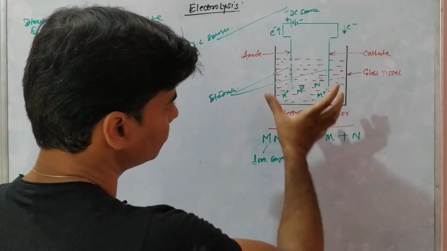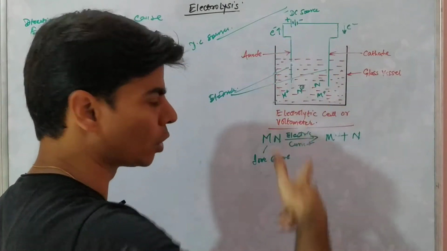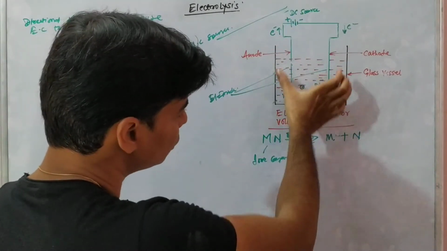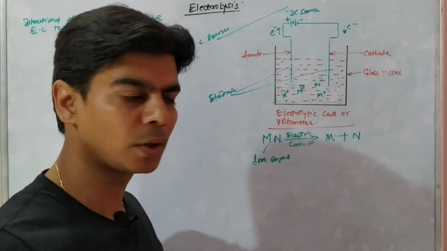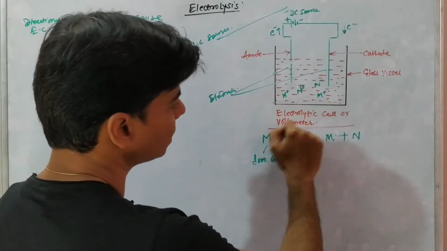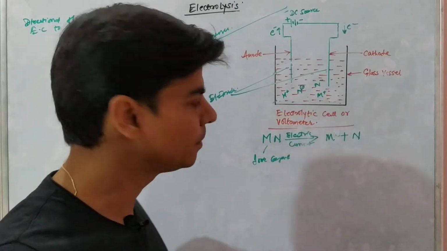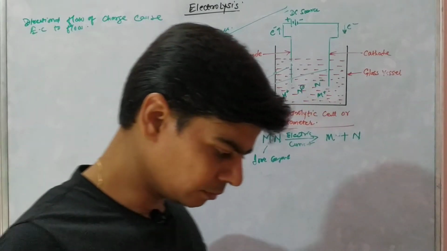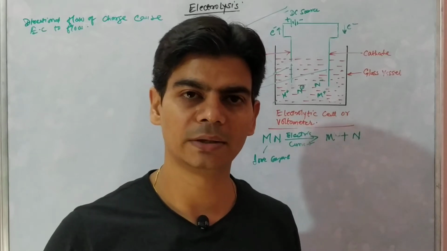Before current is turned on, this solution of an ionic compound, or this electrolyte, contains mobile M plus ions and N minus ions. At present there is no chemical reaction.